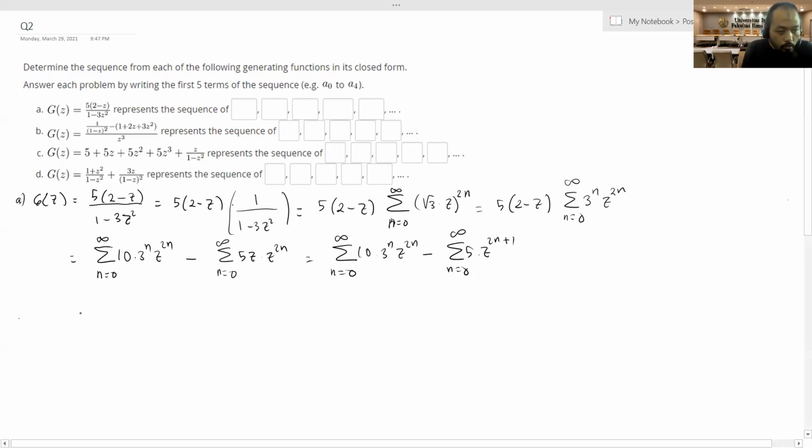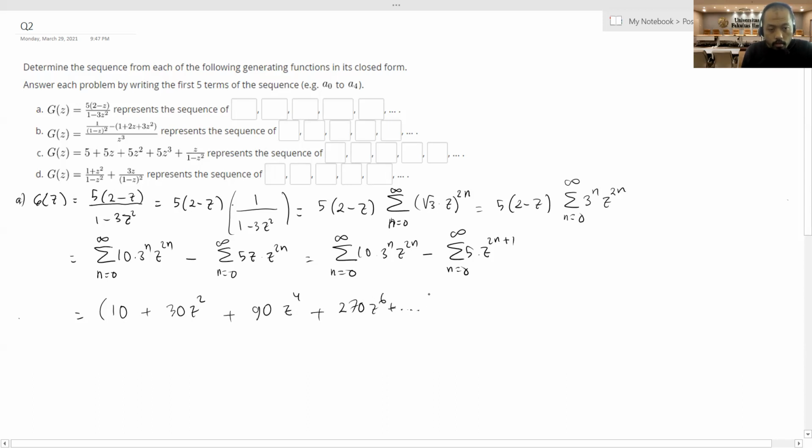So the left one is actually 10 plus 30z squared plus 90z to the power of 4 plus 270z to the power of 6 and so on.